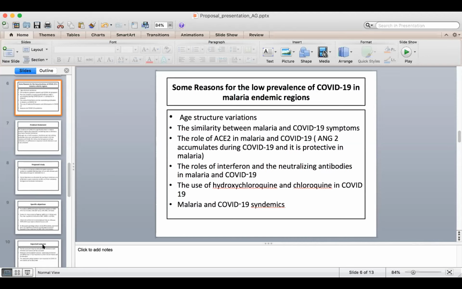But we also know that with co-infections of malaria and COVID-19, the interactions would be expected to worsen the disease phenotype.